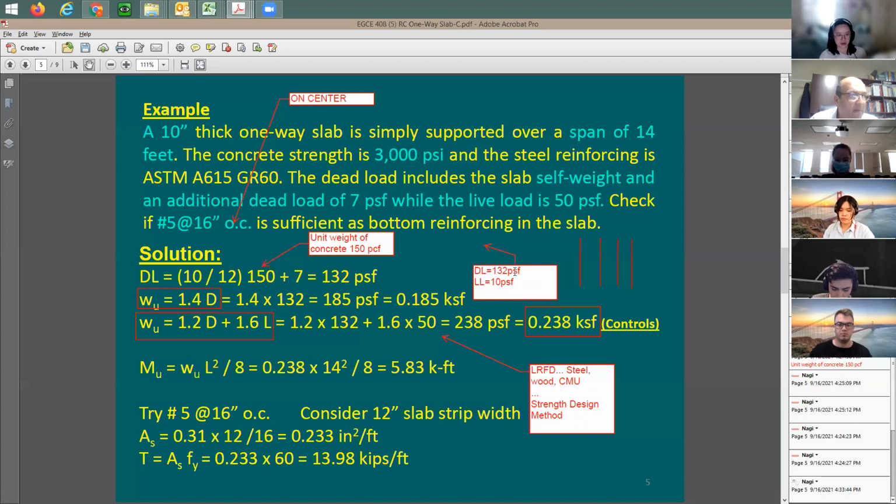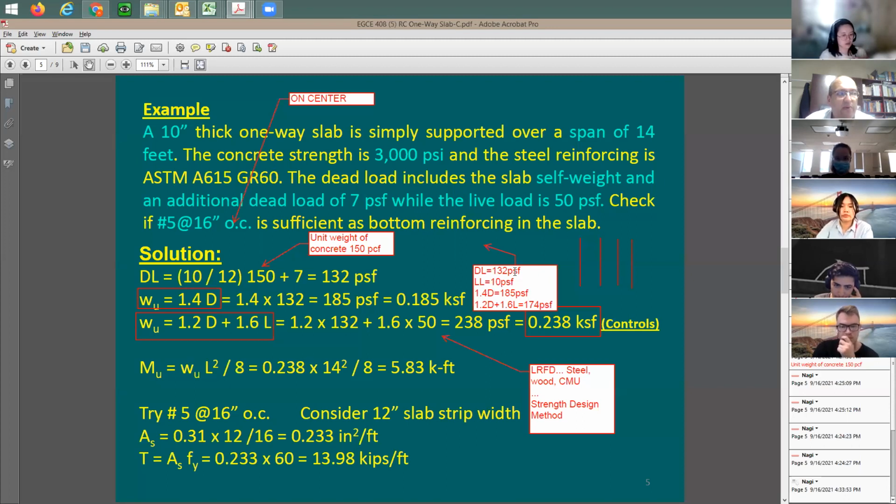Can someone help me here? How much is 1.4 times dead? You can just read it there. It's going to be 185. How about 1.2 dead plus 1.6 live? I need your help. How much is that? It's 174.4 PSF.